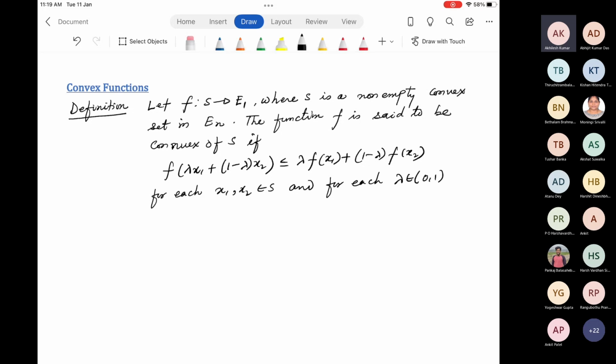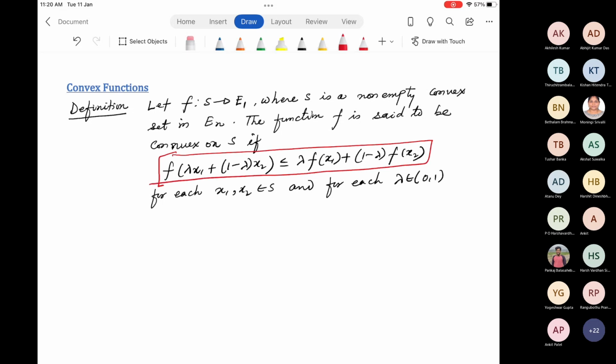Okay, so a function f is defined over a non-empty convex set in En, and the resulting value is E1, that means one dimensional. So you may have n dimensions, the output is a scalar. The function f is said to be convex on S if this holds.